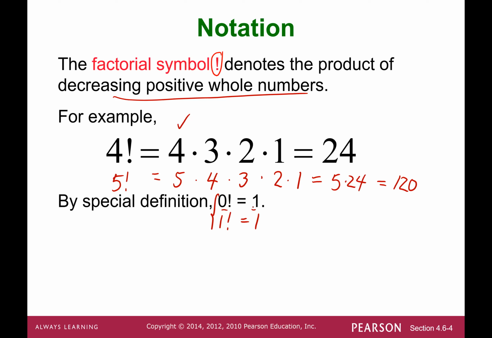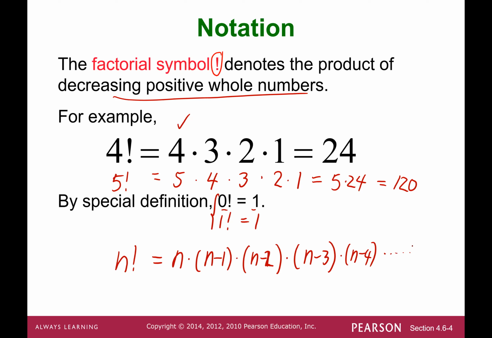Now let's think about how we list n factorial. We do not have a concrete number now. What if it's just a variable n? You start with n, then reduce by 1, n minus 1, and reduce by another 1, n minus 2, and reduce by 1 again.